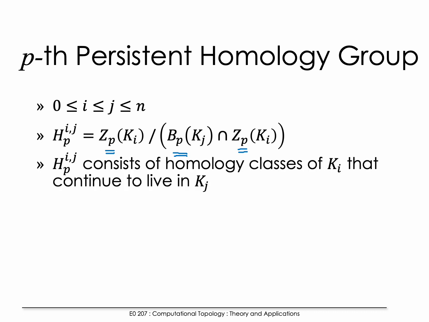There is another way to look at this. Essentially, the pth persistent homology group for a pair ij are those homology classes of K_i, so all those that belong to the pth homology group at i, that continue to exist in K_j.